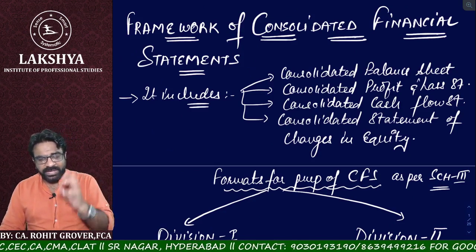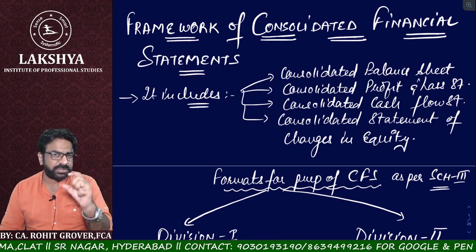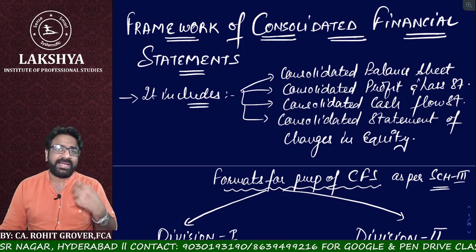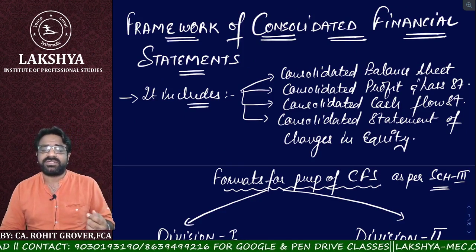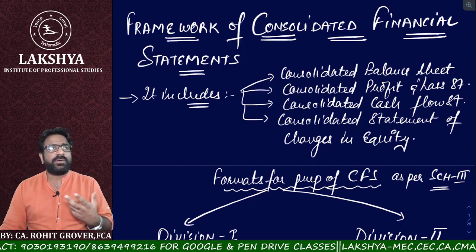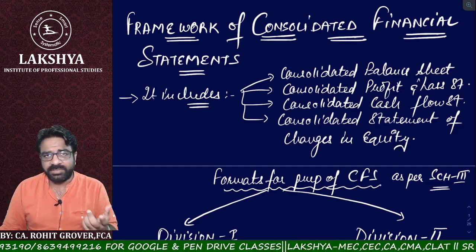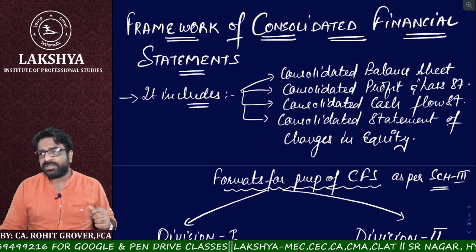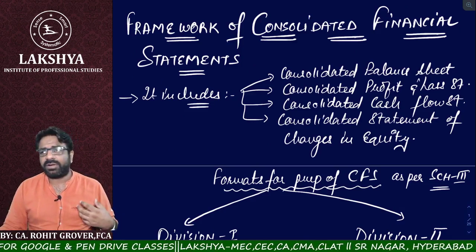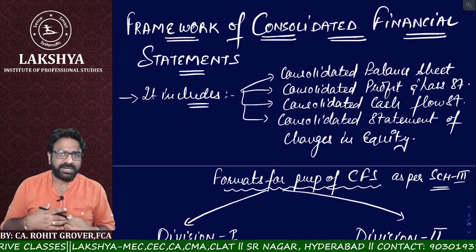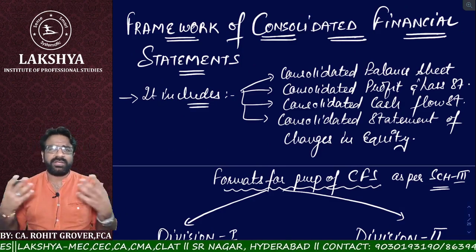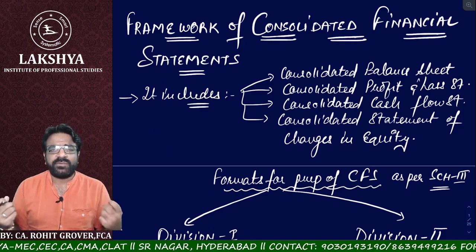Now, a very interesting topic, with very small things, and there are many clarifications you need when doing the audit of consolidated financial statements. Say for example, Reliance India Limited has 40 to 50 subsidiaries, or 20 to 30 joint ventures, or 10 to 15 associates.